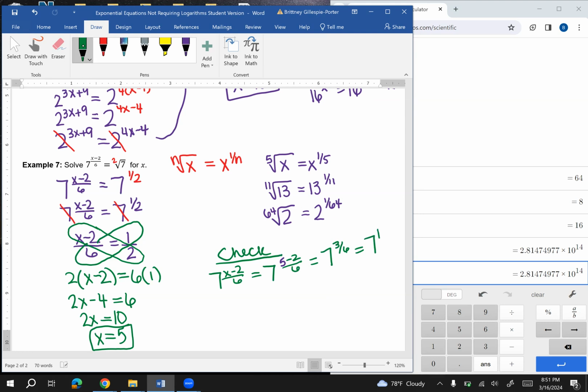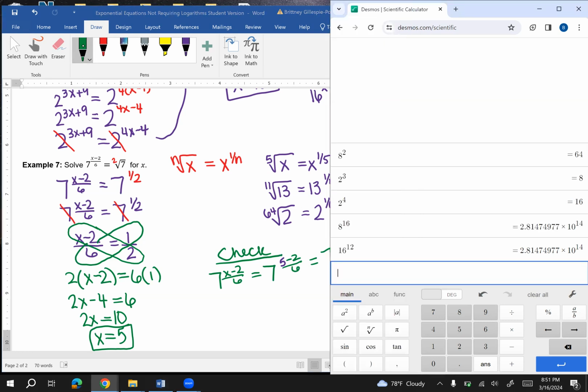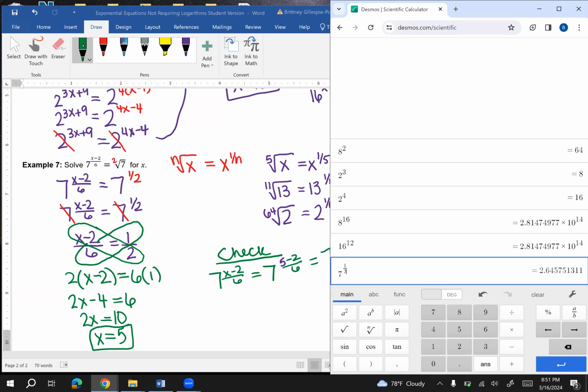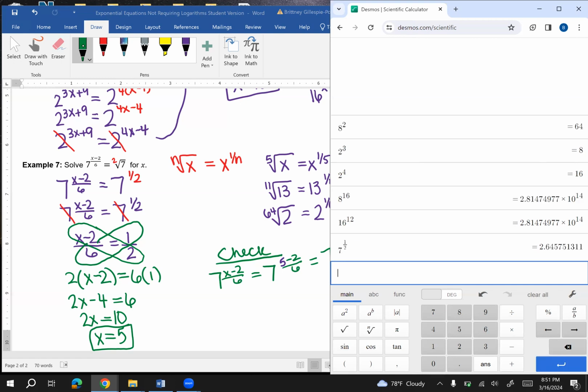And we could reduce this as 7 to the 1/2. If we check 7 to the 1/2 in our calculator, we get an icky decimal. Not too icky, 2.64575. And we need to see if that's equal to the square root of 7, which is on the right-hand side. Because the two decimals are the same, our x equal to 5 is a good answer.